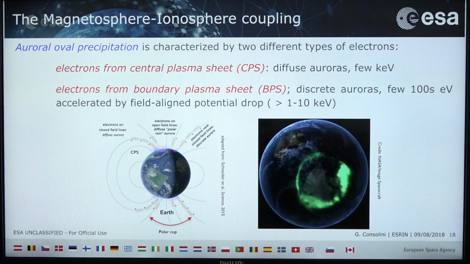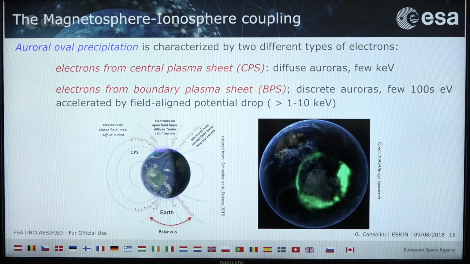Then when they get to the mirror point in specific conditions, or sometimes due to different energization processes, they can penetrate inside the ionosphere. And these are directly connected to the inner regions of the magnetosphere.